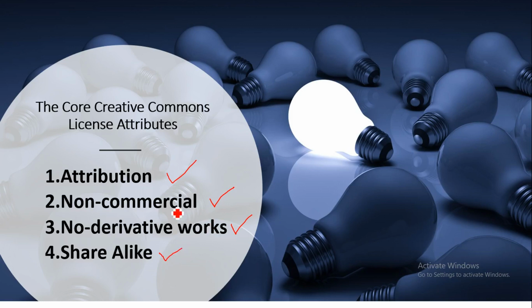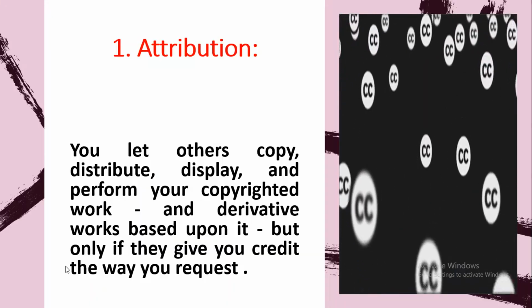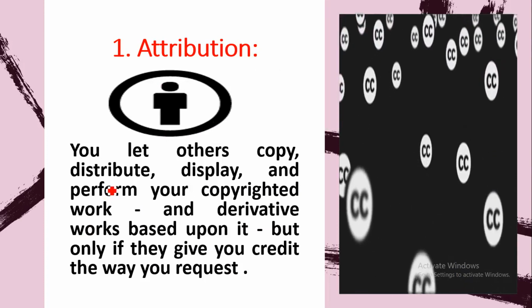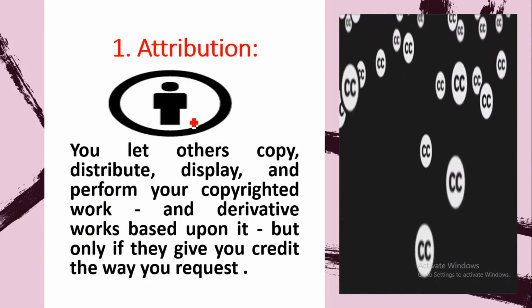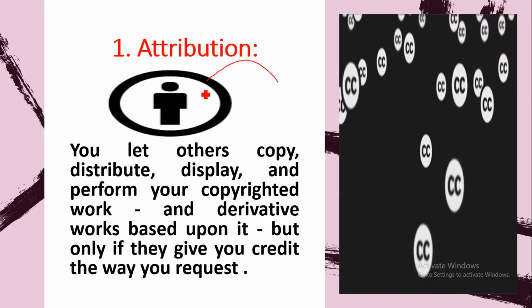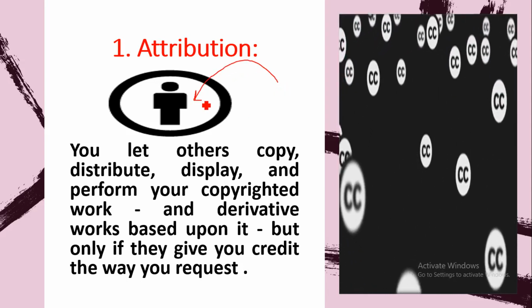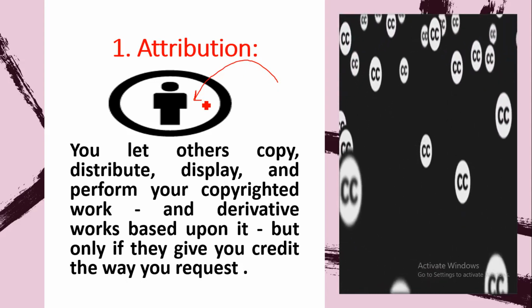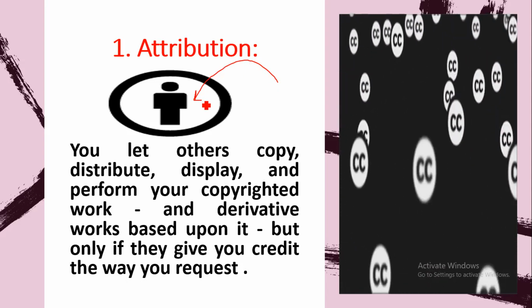So these are the 4 licenses which are there in Creative Commons, and we need to know about all of these. Now, the first license is attribution. Whenever you find a person under a circle, it means attribution is required. It requires my name when you are using my content.